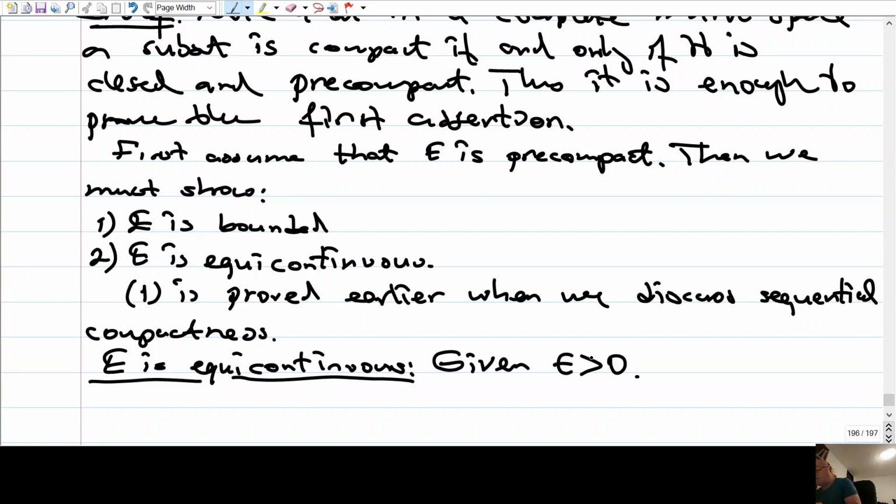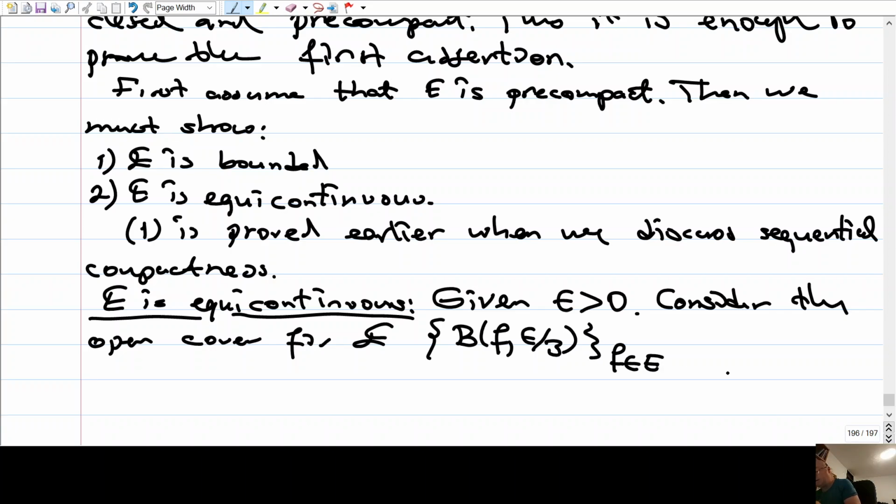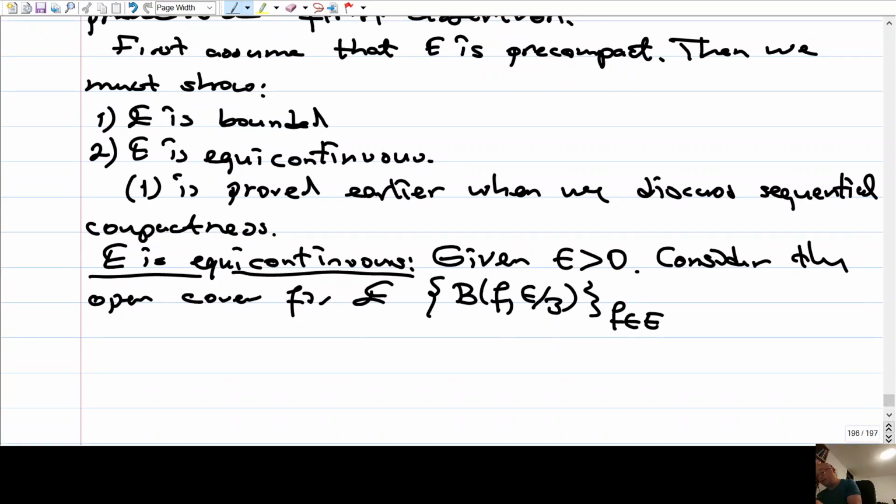Now consider the open cover for E, the balls B(f, epsilon over 3), f in E. I just take an epsilon over 3 ball around each function. Of course, each function is contained in one of these balls. Therefore, they form an open cover for E, right?